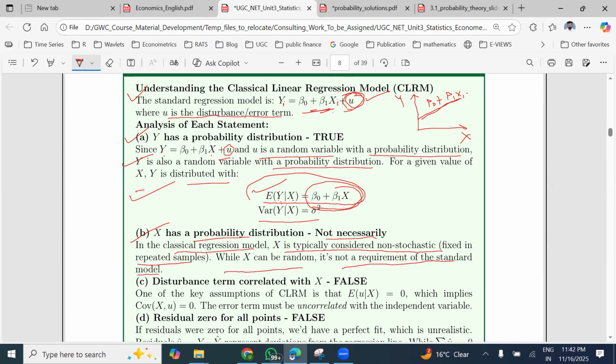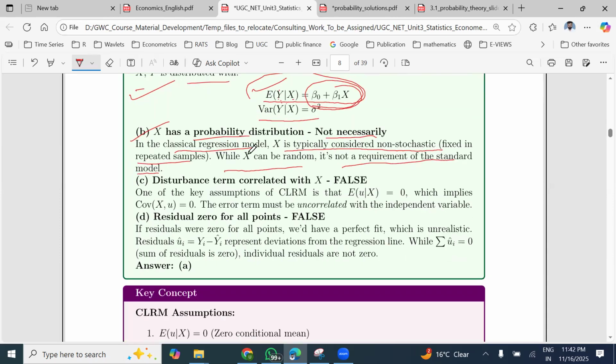Okay? Then, disturbance term correlated with X. One of the key assumptions of the classical linear regression model is that the expected value of U given X is equal to 0, which implies the covariance of X and U will be equal to 0. It means the error term must be uncorrelated with the independent variable.